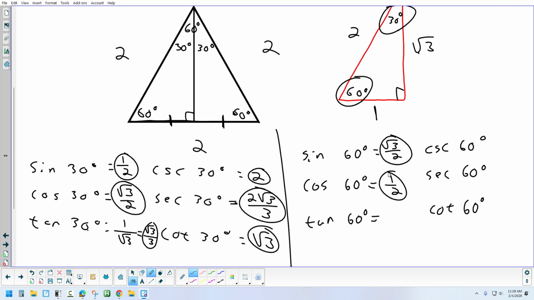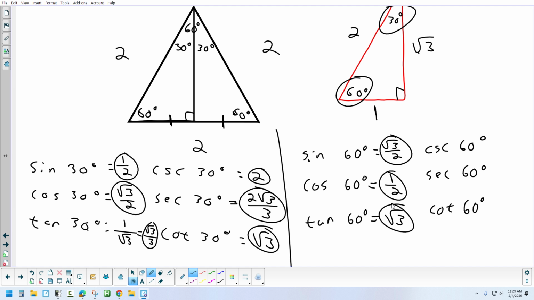And the tangent of 60. Square root of 3 over 3? No. It's just square root of 3.